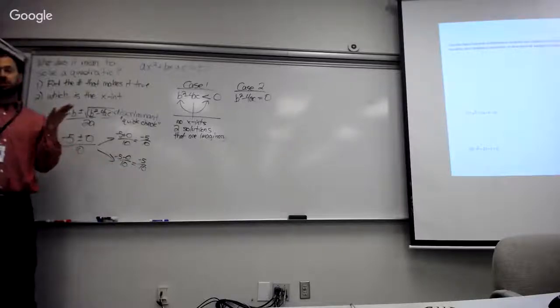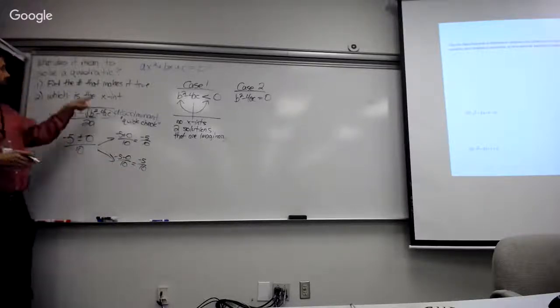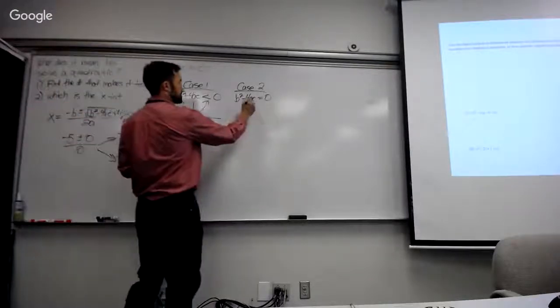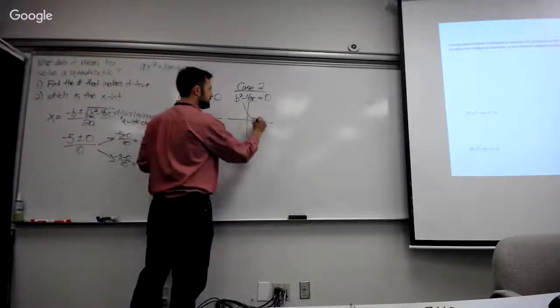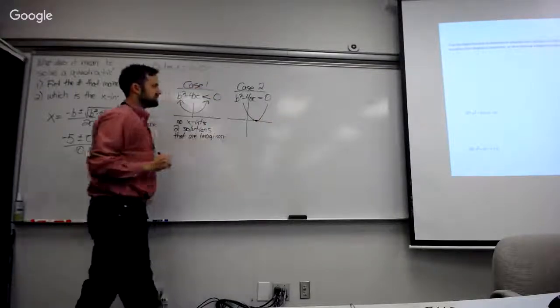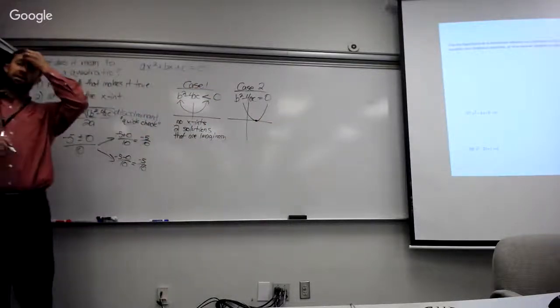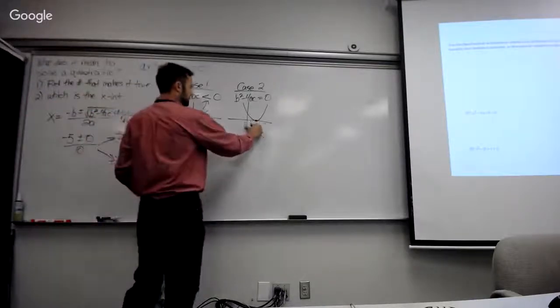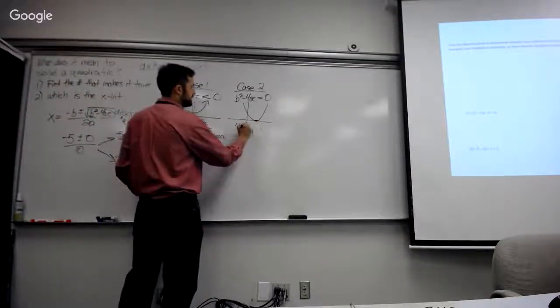So how many solutions are there? Just one. There's just one x-intercept. There's one number that makes the equation true. And so our parabola now looks like this, where it just barely touches down. It sits upon the x-axis at one number. So that tells us there is one x-intercept.